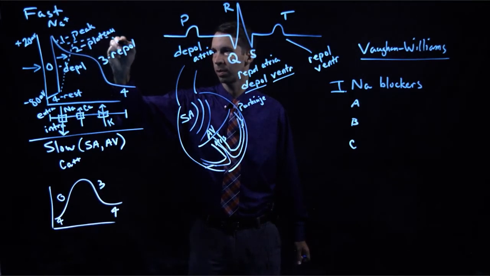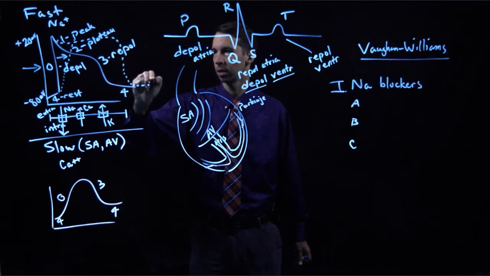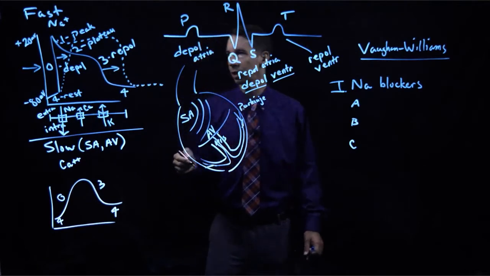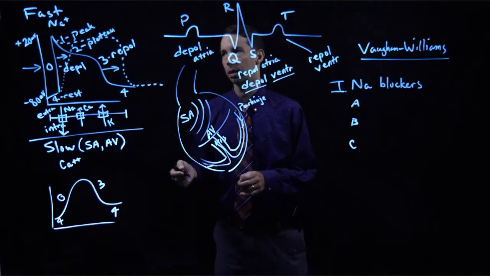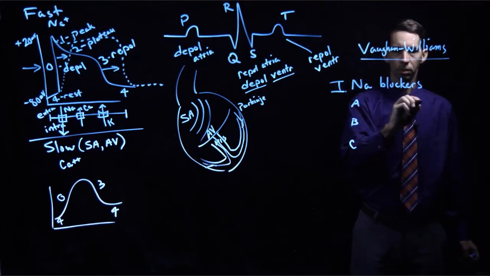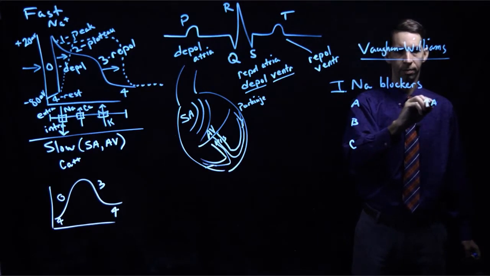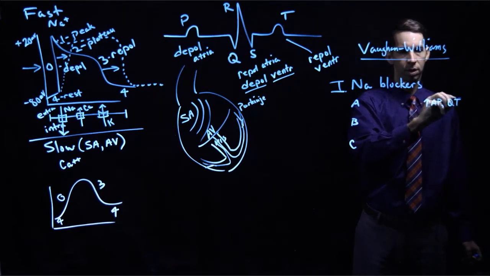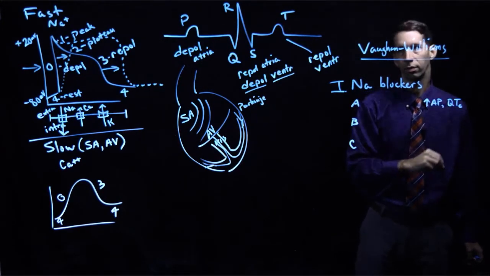Back to our fast response fiber action potential, they're going to do this and shift the entire action potential to the right. So the 1As all prolong the action potential and also the QT or QTc interval.